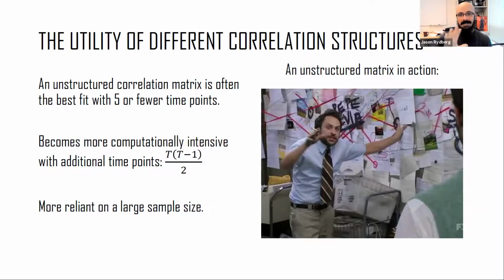Do we really need to say, no matter how many time points there are, you get a parameter, and you get a parameter, and you get a parameter, Oprah style? Or can we be more parsimonious? Is it really the case that every one of the entries in that correlation matrix of your residuals needs a separate parameter?